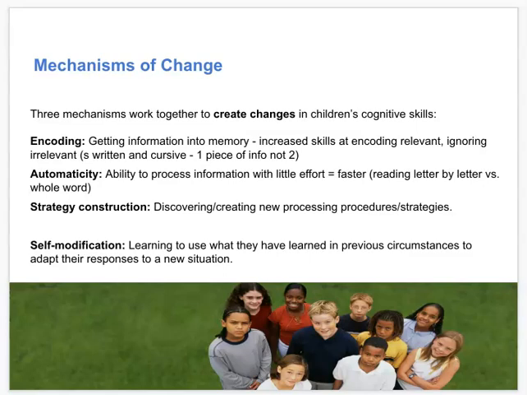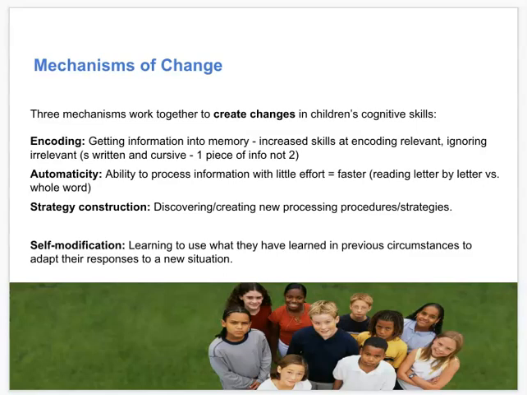Increased skills at encoding is relevant, ignoring the irrelevant. So when kids are very young, they see how there's an S if you print it, and then there's an S in cursive. So when children are very young, they're going to encode that as 2 different pieces because they look different.